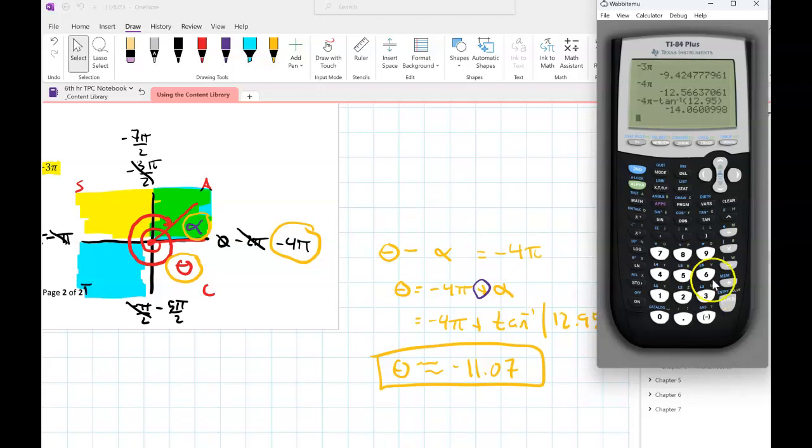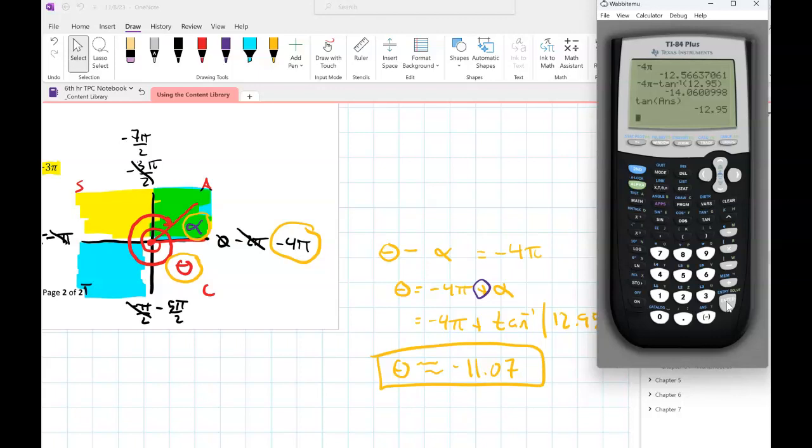We get this number. And when I do the tangent of that, what did I get? I got a negative instead of a positive. If the sign is wrong like that, the most likely situation is one of two things.